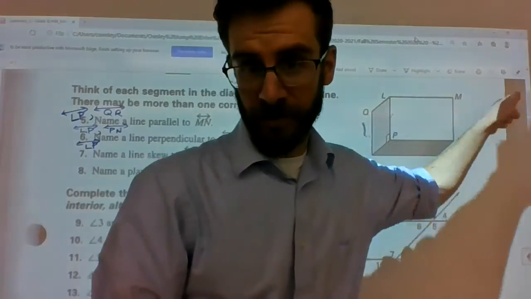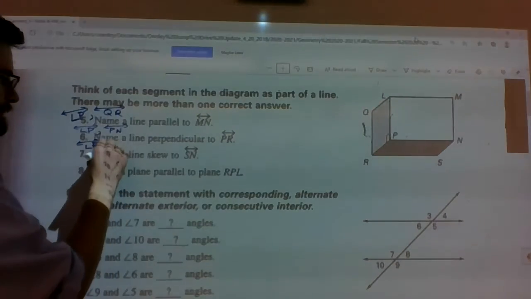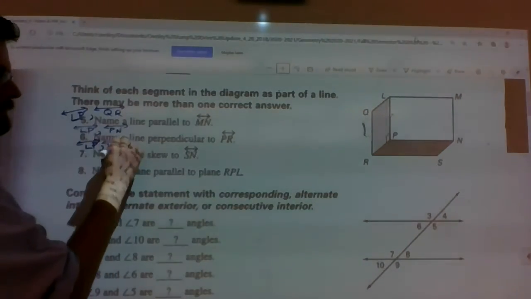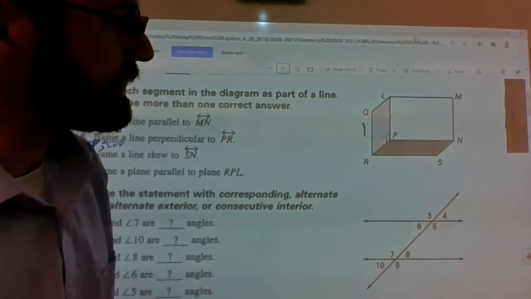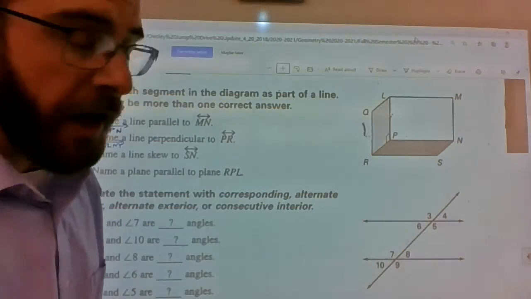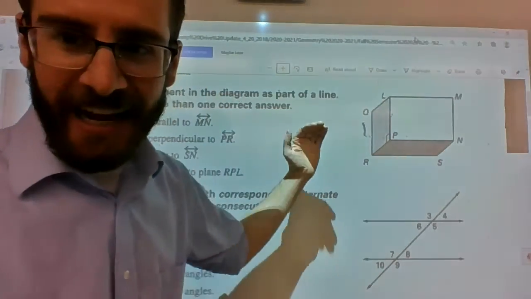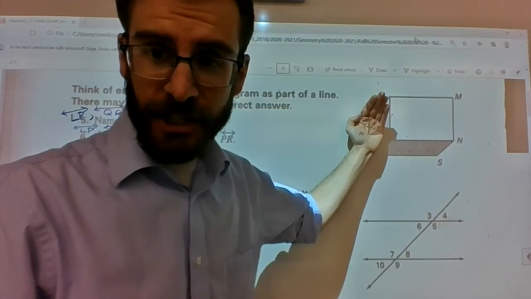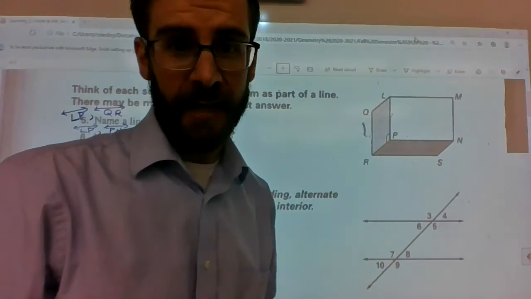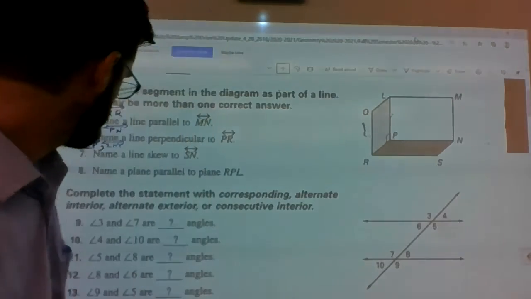LM's just going to go forever in that direction on a different plane. So LM works. Do you see any other ones? Now, one might think that QL would work, but remember, a diagonal plane could connect QL with SN, meaning that they are technically on the same plane and not skew.